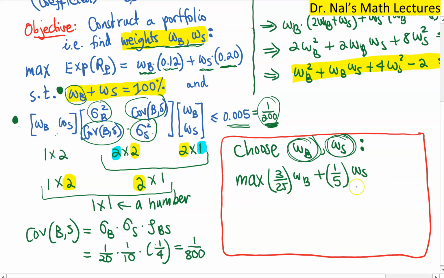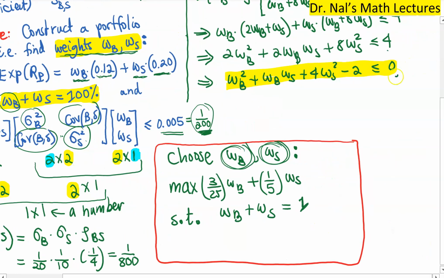So this is just the expected return, right? Given the following conditions are satisfied, namely that these are the only two assets that I'm investing in: WB plus WS is equal to 1. And secondly, we have the second condition, a condition relating to the variance.